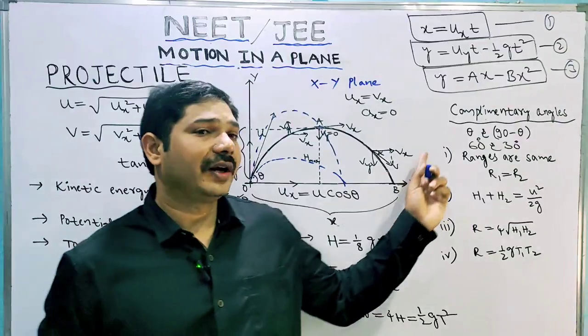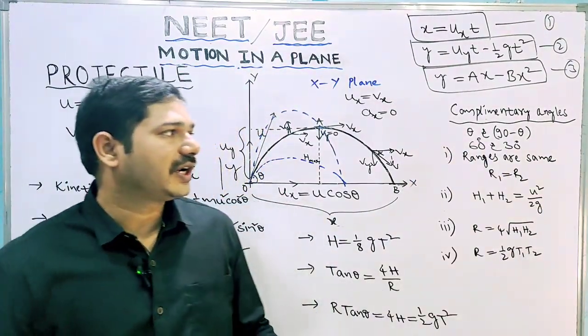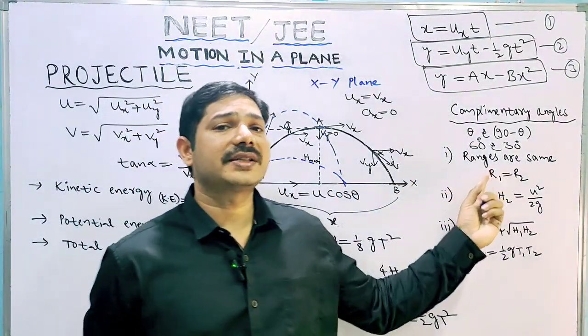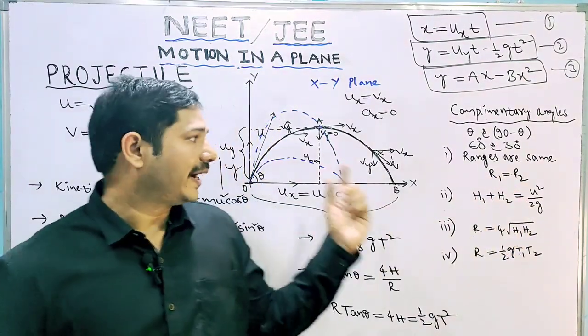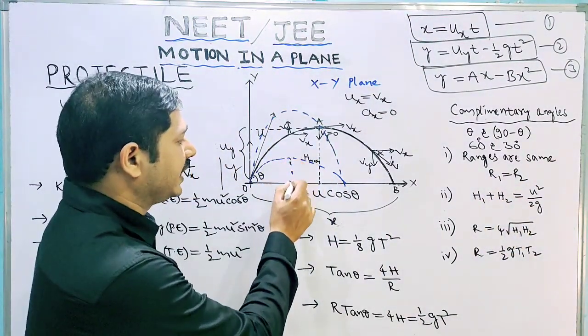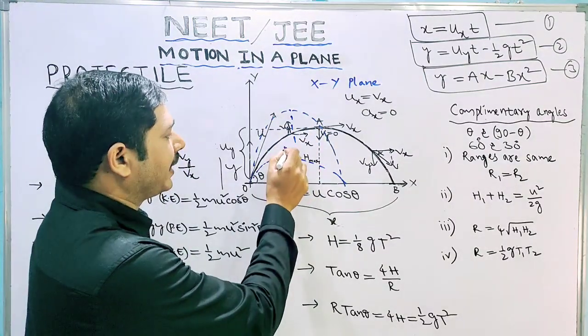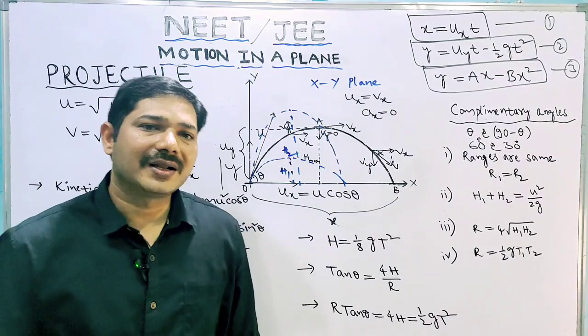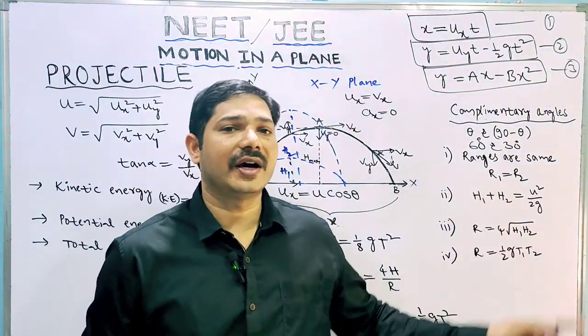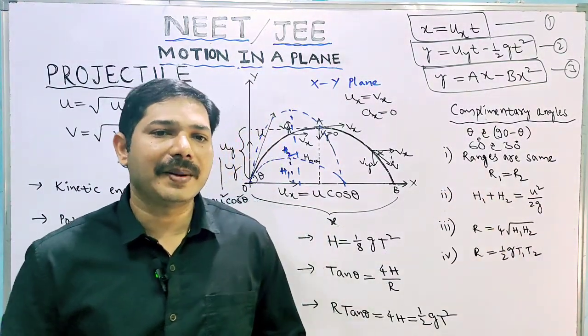So for theta and 90 minus theta, ranges are same. The maximum heights, say h1 and h2, are different but the ranges r1 and r2 are same. These angles are called complementary angles.